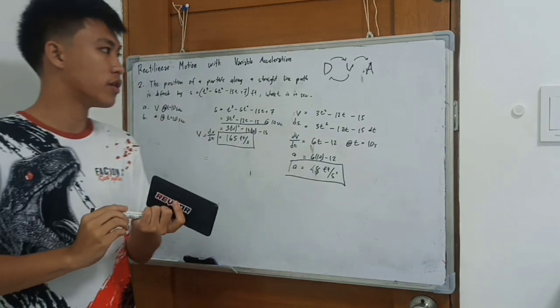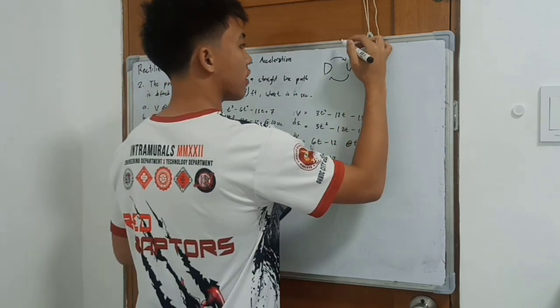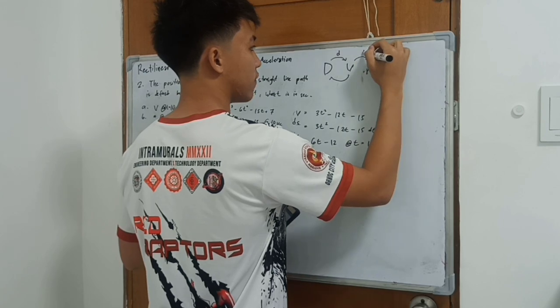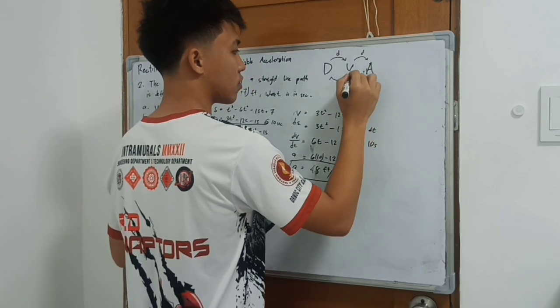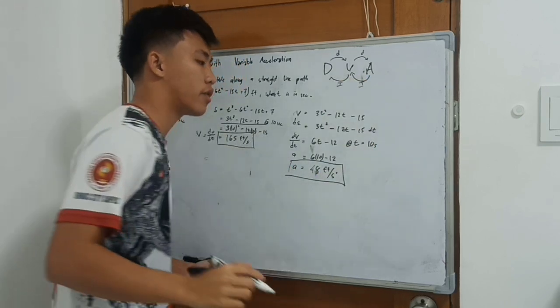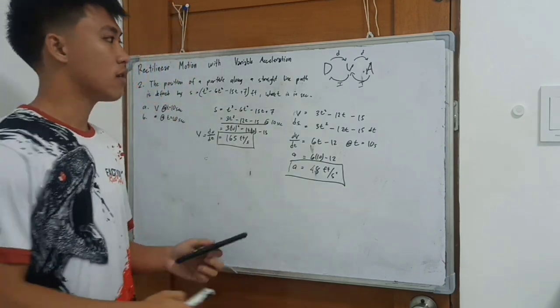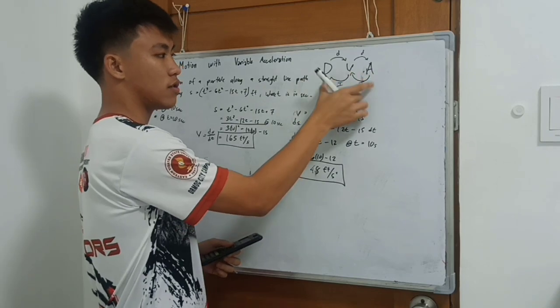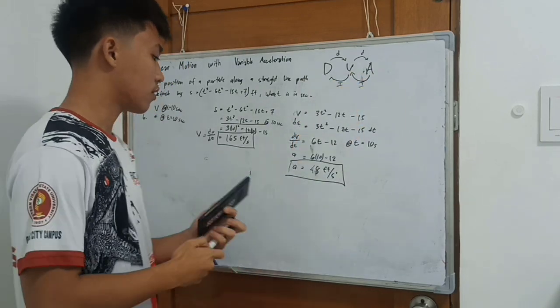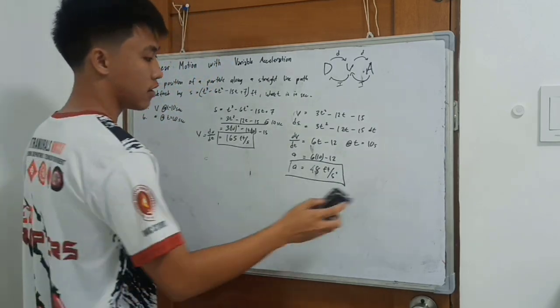Also remember the concept of when to differentiate or when to integrate. It's very important to know when to differentiate or when to integrate. So let's move on to another example.